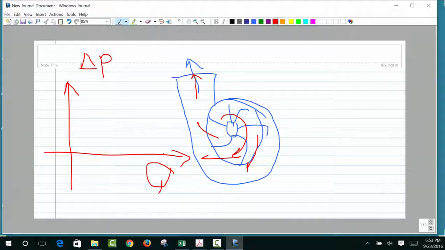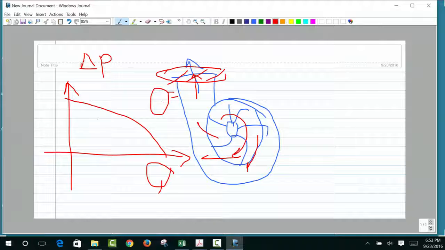And that relation looks something like this, right? You're aware of that? Meaning that if we put our hand over here and close this exit and measure the pressure in this place, you'll get this maximum pressure and 0 flow rate.